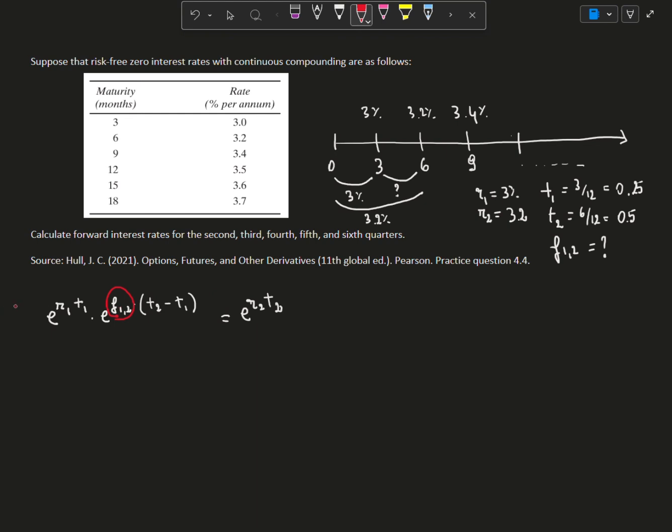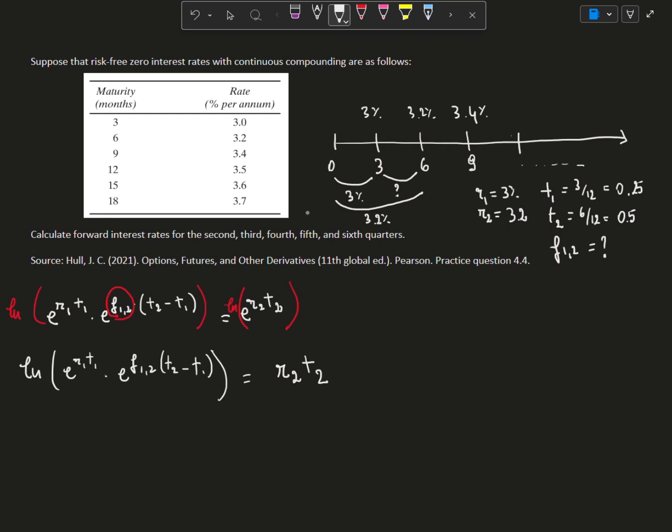So let's try to isolate it. To do that, we could take the ln of both sides, so that we have the ln of e to the R1 T1 times e to the F12 times T2 minus T1 equal to the ln of e to the R2 T2. Since ln and e are inverse functions, we are left with R2 times T2.